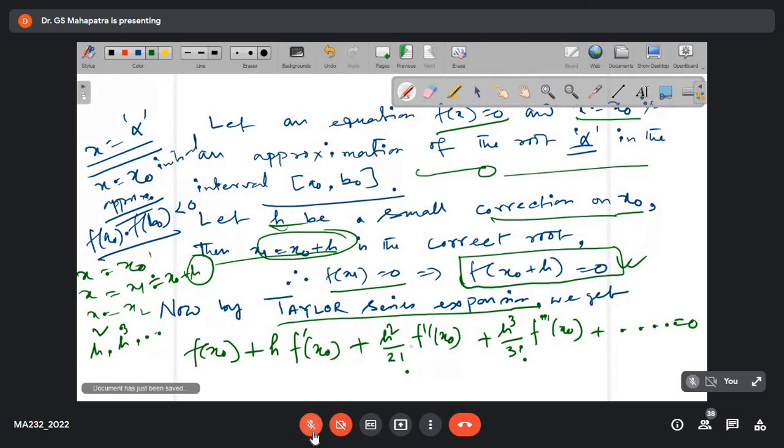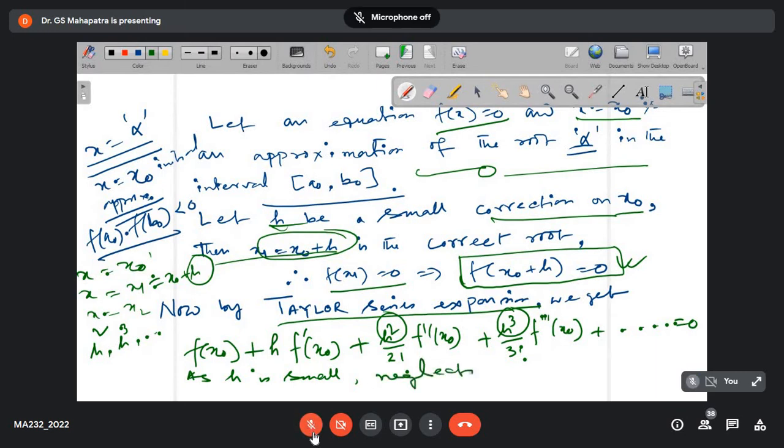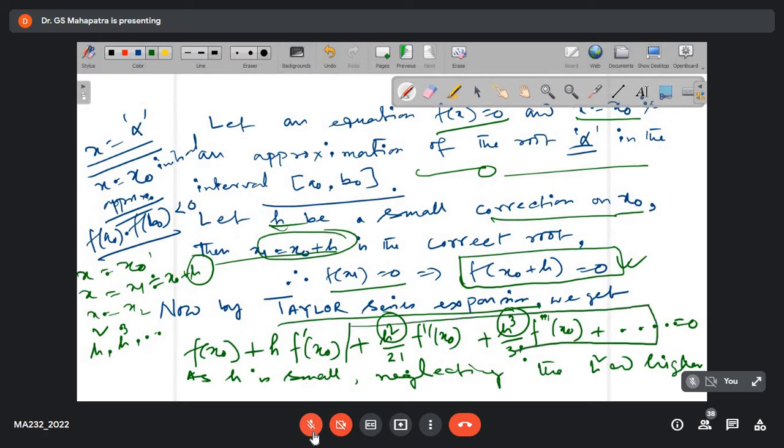As h is small, we can neglect h square and higher powers. So we will discard this part. What we get is f of x naught plus h into f dash x naught equals 0.